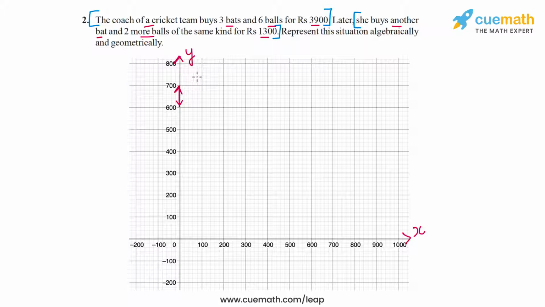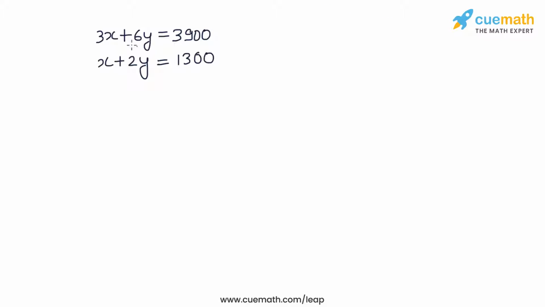Now for each of the two equations, 3x plus 6y equal to 3900 and x plus 2y equal to 1300, let's find 2 points which will satisfy them. So let's first plot the first equation, 3x plus 6y equal to 3900.